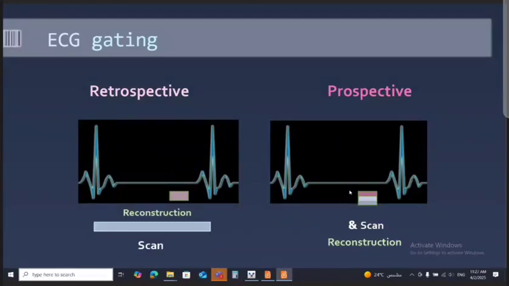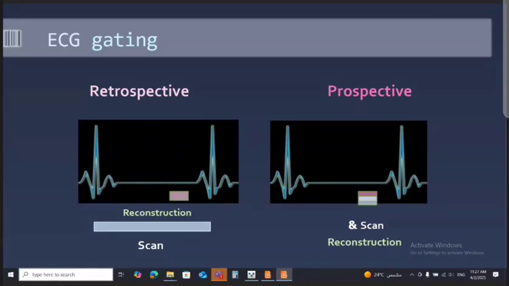During the early days of CT coronary angiography, using the retrospective, the dose radiation was high enough to limit the spread of the examination. It was around 30 millisieverts, and this is a large number.